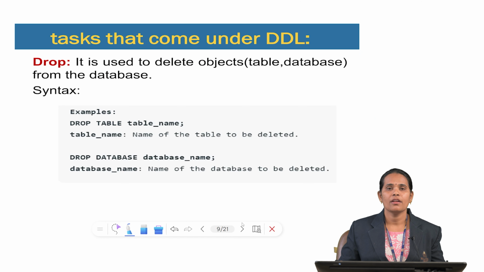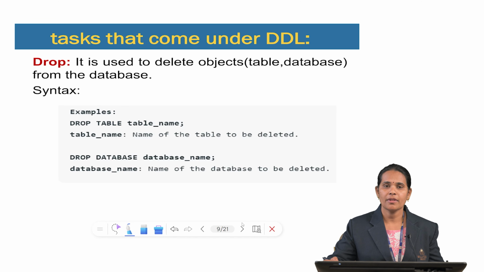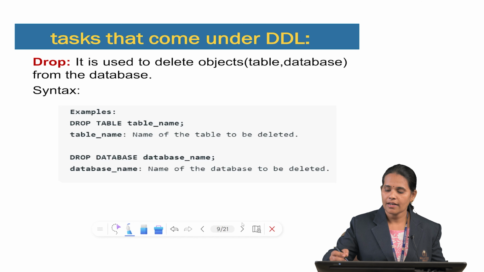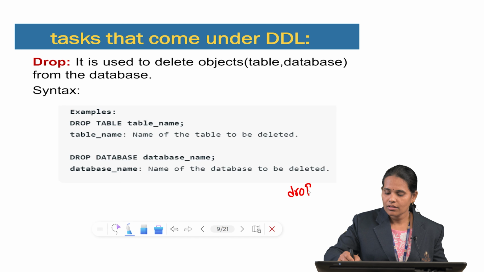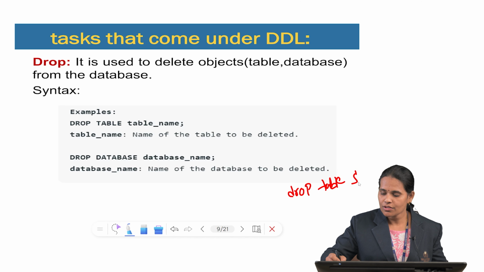Next, drop. The drop command is used to delete an object such as tables or databases from the database. For example, if I want to drop the student table from the cybersecurity database, we can delete it by using the syntax drop table, name of the table is student, semicolon.